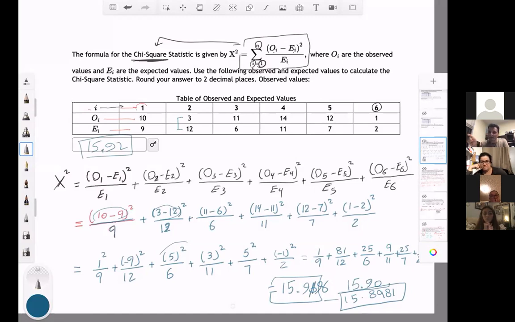Did you type all of it at the same time? Yeah, I just did 1/9 plus 81/12 plus, and I just did all of them. Maria, you too, correct? I actually squared them first and then did the math. Doesn't matter, you square them first and then do the math.